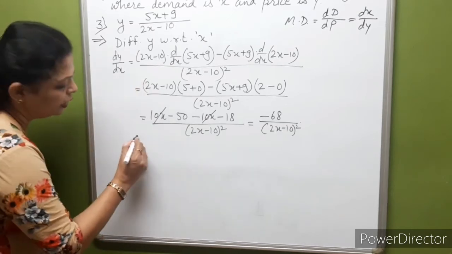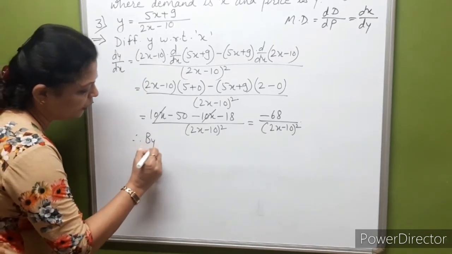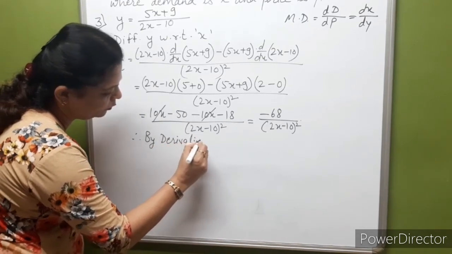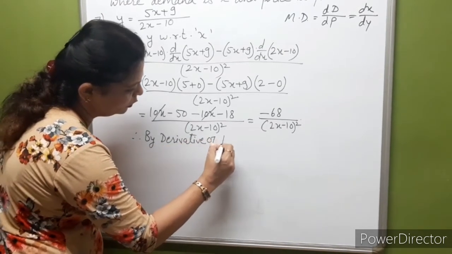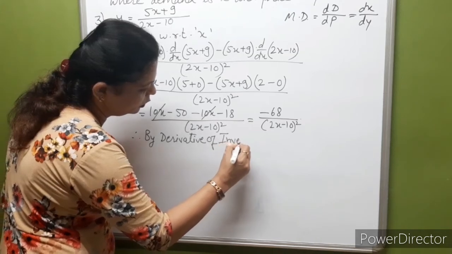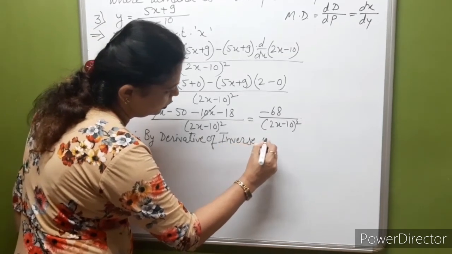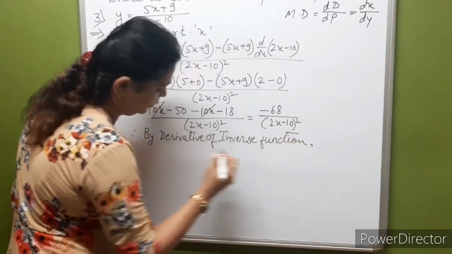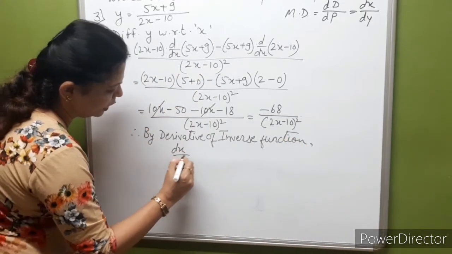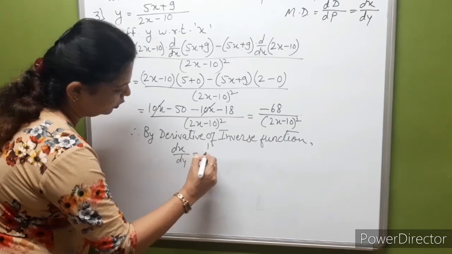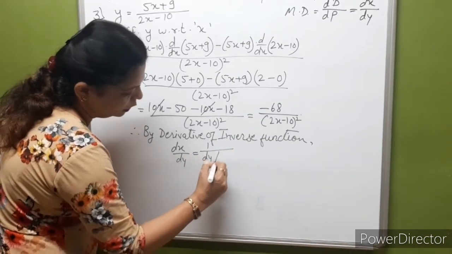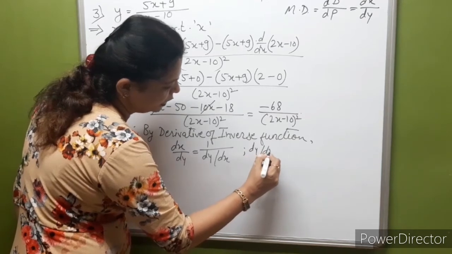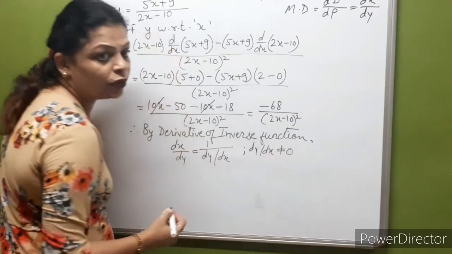Now therefore by derivative of inverse function, dx by dy is 1 upon dy by dx, where dy by dx is not equal to 0.